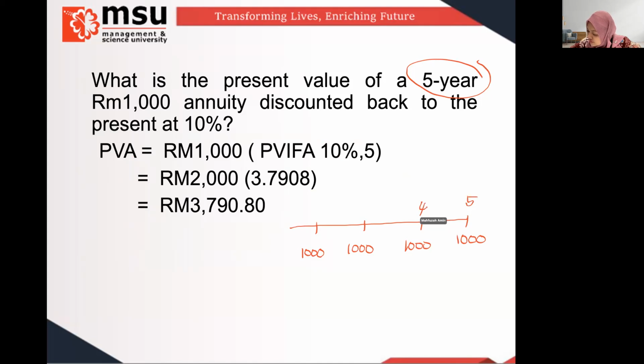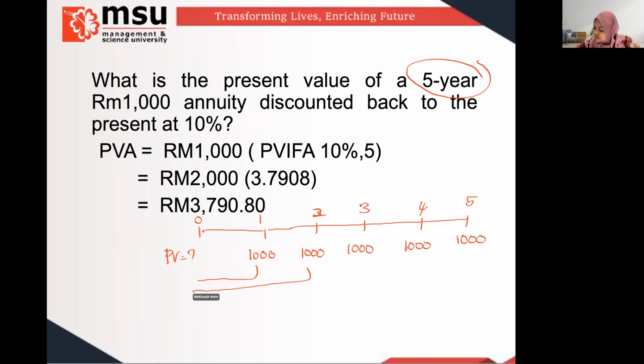So at the end of year 5, at the end of year 4, at the end of year 3, at the end of year 2, at the end of year 1, there is a series of payments. It's a fixed series of payments of 1,000 ringgit. So how much is all this amount equivalent to today? So how to calculate this?